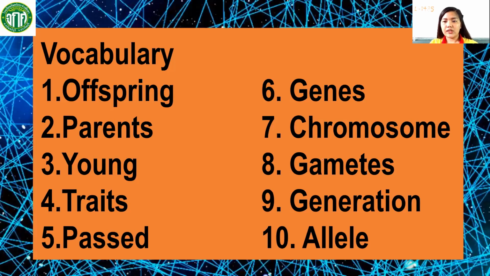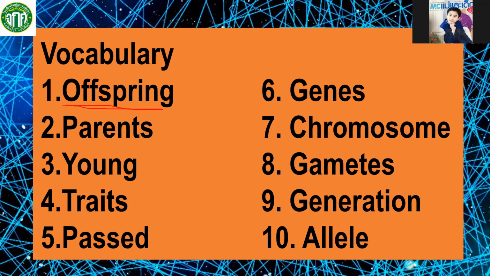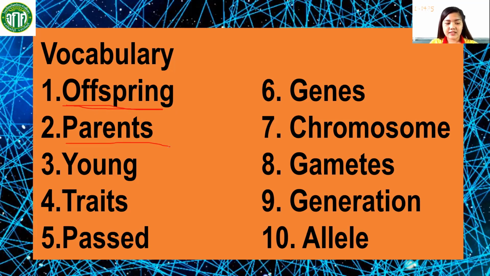All right, let's start first with the vocabularies. Please follow teacher. Let us read all together. Number 1, offspring. Number 2, parents. Number 3, young.